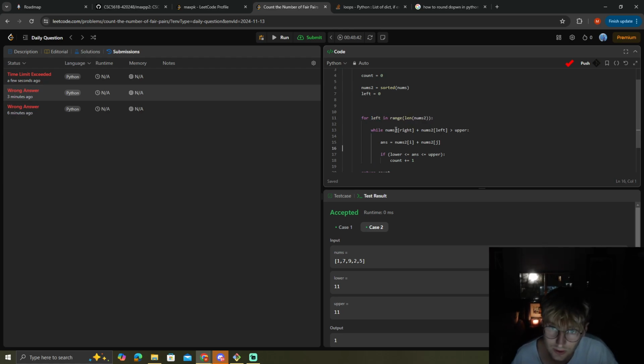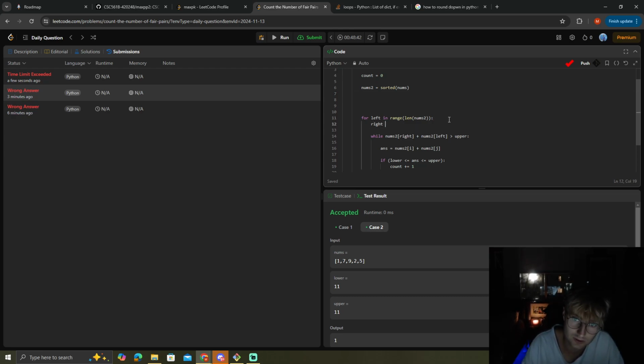For left, left plus 1, while nums2 right plus nums2 left.